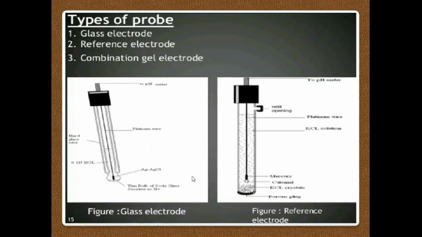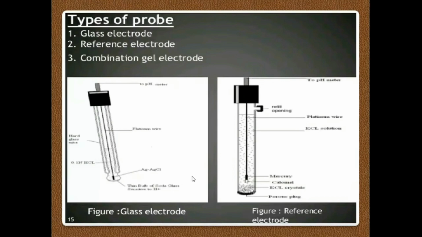Then the types of probes present in the pH meter: you have a glass electrode, a reference electrode, and third, a combination electrode. The first figure is the glass electrode, highly sensitive to protons, with a platinum wire and a glass tube.